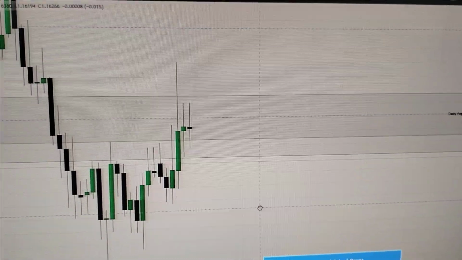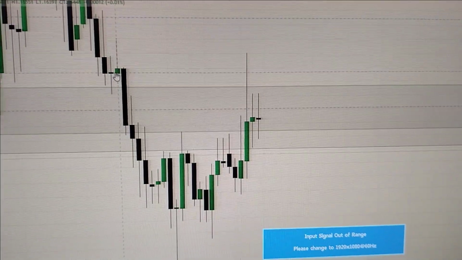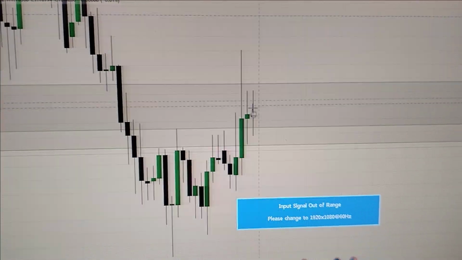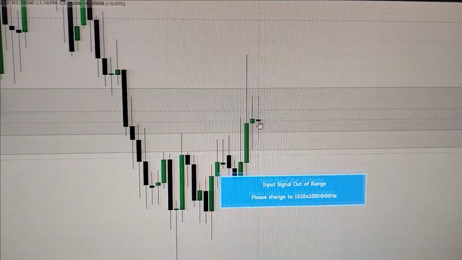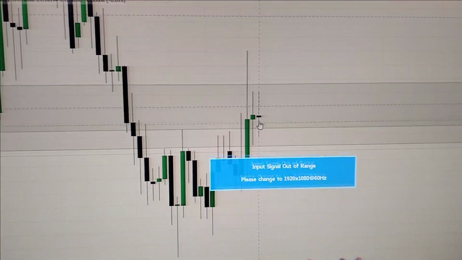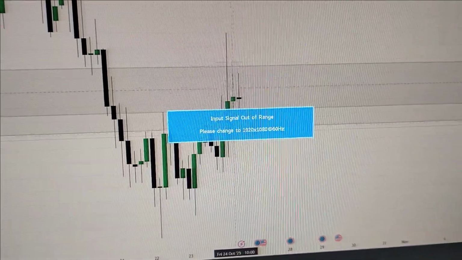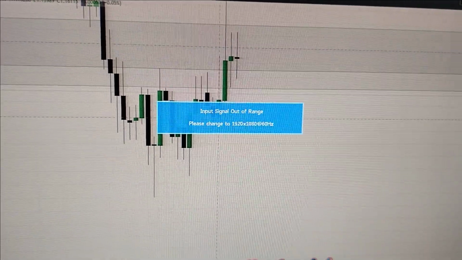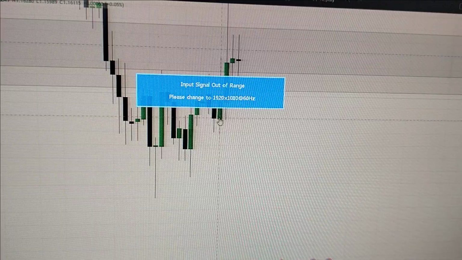Most likely this was the order block which was respected, the 4-hour order block, and you can see we are having some bullish momentum movement on a 4-hour order block. You'll just have to wait for a gap. This one is most likely the 4-hour order block.